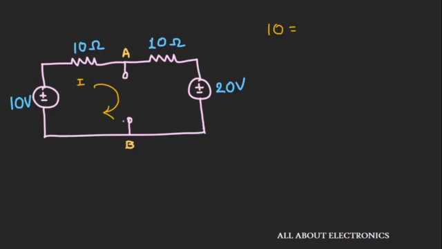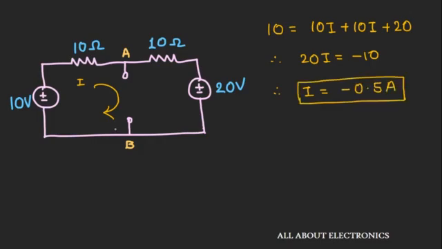Let us assume that the current I is flowing in this direction. If we apply Kirchhoff's voltage law, then we can write 10 = 10I + 10I + 20. That means 20I = -10, or I = -0.5 ampere. Here the negative sign indicates that the current is flowing in the opposite direction.